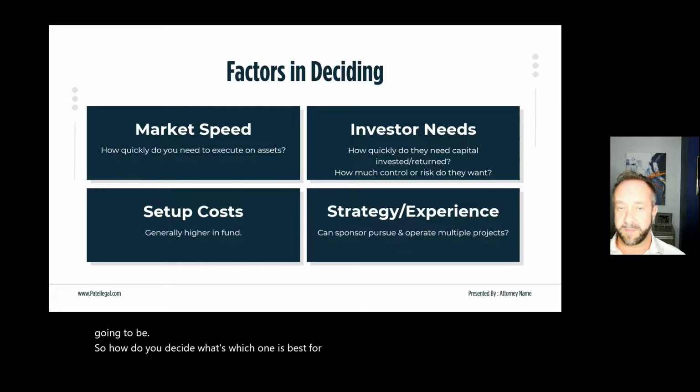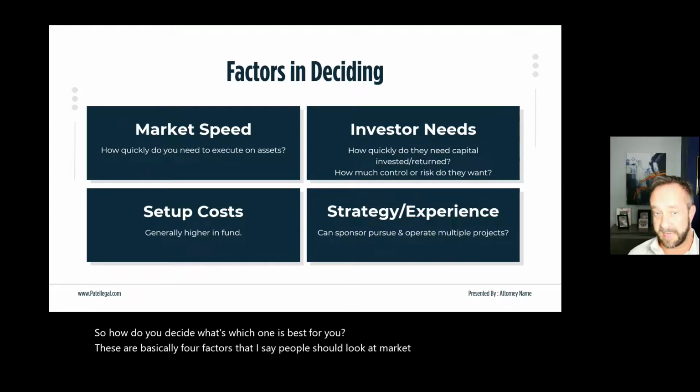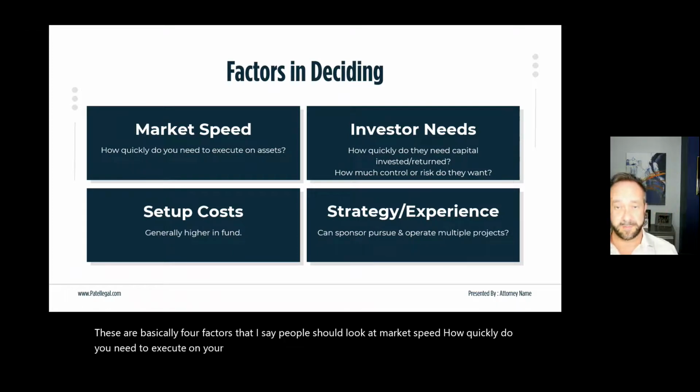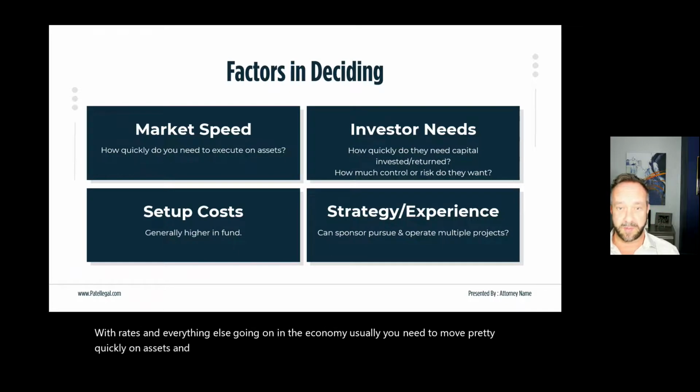These are basically 4 factors that I say people should look at. Market speed. How quickly do you need to execute on your assets? In a market right now, it's November 2022. With rates and everything else going on in the economy, usually you need to move pretty quickly on assets and have capital available when you have identified a property so that you don't have to go out and try to raise capital when you find a property.